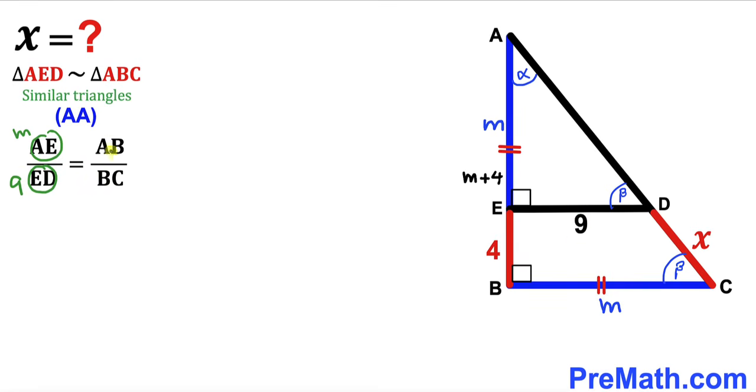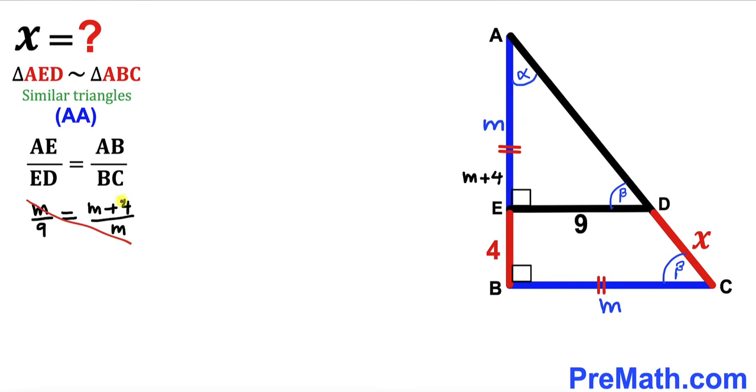AB side length is m plus 4, so I'm going to substitute that. And finally BC side length is lowercase m. So we end up with m divided by 9 equals m plus 4 divided by m.